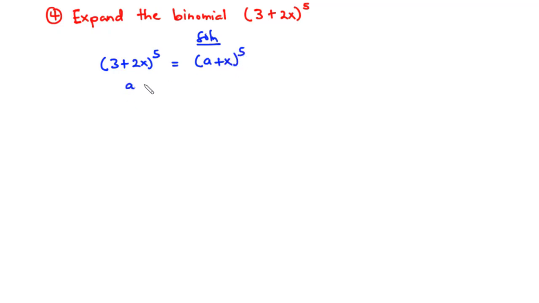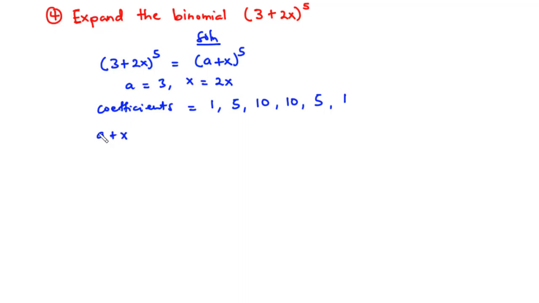So we have a to be 3, we have x to be 2x. Now we know that the coefficients of a binomial a plus x to the fifth power are 1, 5, 10, 10, 5, and then 1. So these are the coefficients.